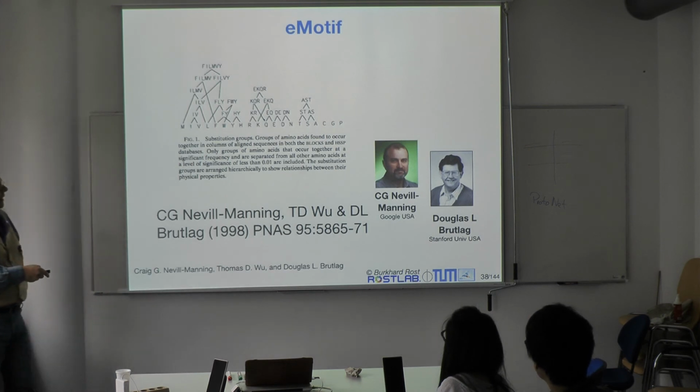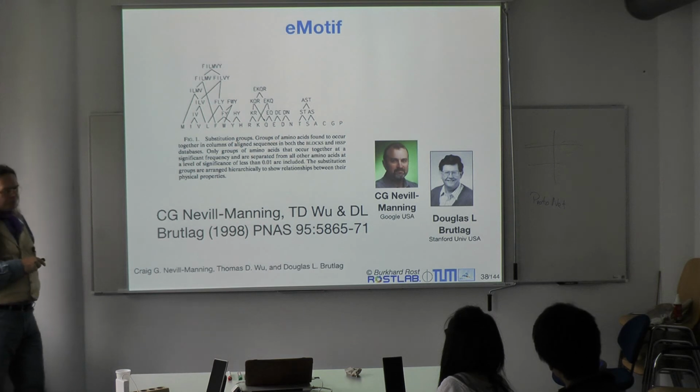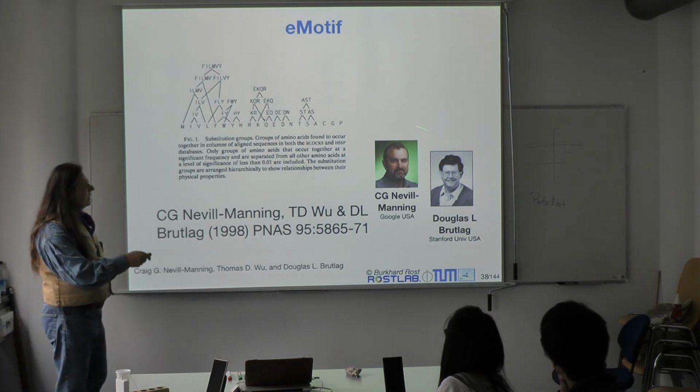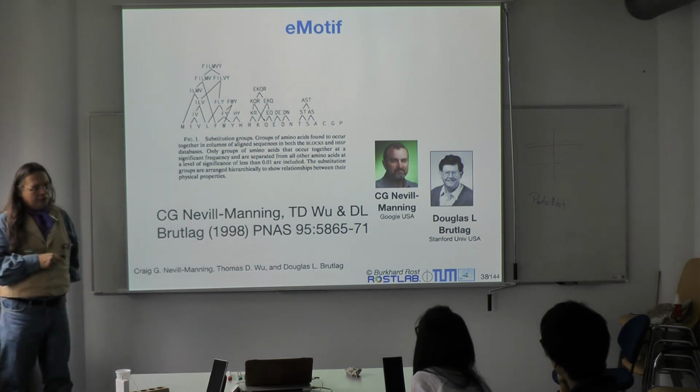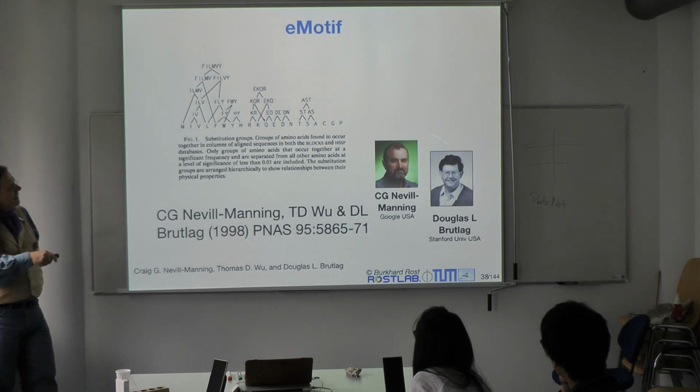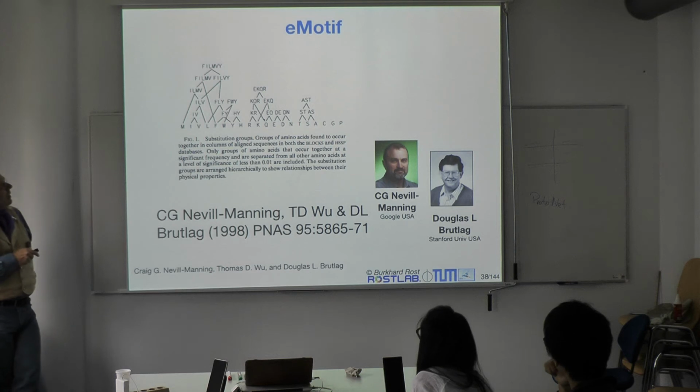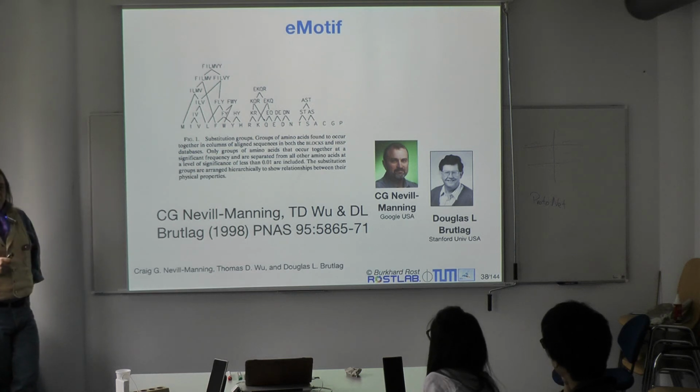eMotif again comes from Douglas Brutlag and Craig Nevill-Manning, who, by the way, is now at Google, and did all kinds of other amazing things at Google. Now that idea really is to use a tree, a graph structure. So again, you have an aligned tree.